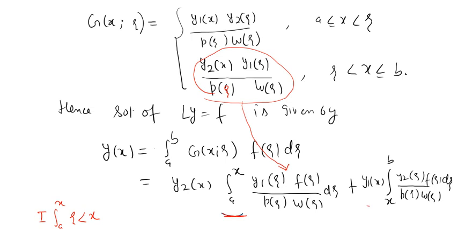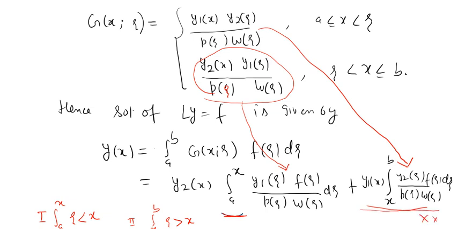For the second integral, this is from x to b, and now xi is greater than x, so you substitute this one here. So finally the solution is given by this formula: y2 times the first integral and y1 times the second integral, and Green's functions are given by that formula.